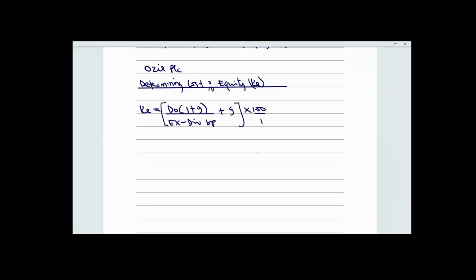This is the formula for calculating the cost of equity where there is growth. D0 is the current or latest dividend, and G is the growth rate.